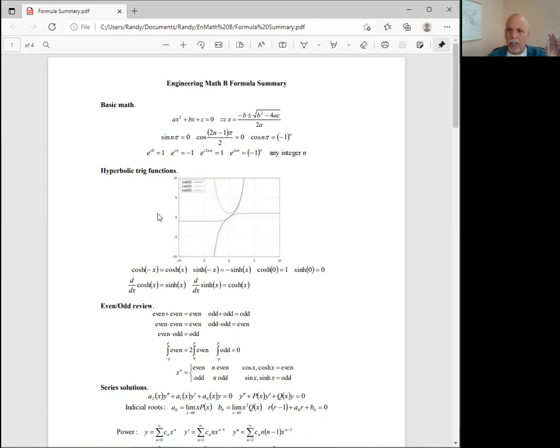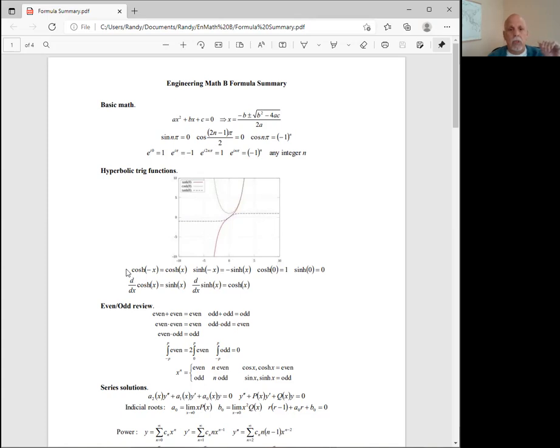And we use hyperbolic trig a fair amount in this course. A lot of people aren't that familiar with it. Here are their graphs. Let's see, this green even function is the cosh, or hyperbolic cosine. This odd function in red is the sinh, or the hyperbolic sine. This dashed line is the hyperbolic tangent.